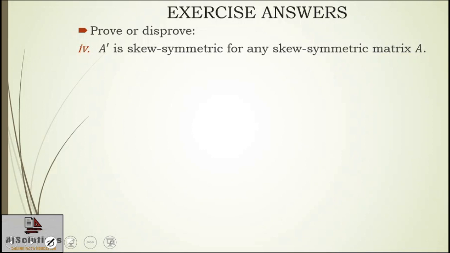If the statement is true, you prove the statement. If the statement is false, you give a counterexample. And if the statement is true, you follow those 5 steps which I told you. So pause the video and go ahead.